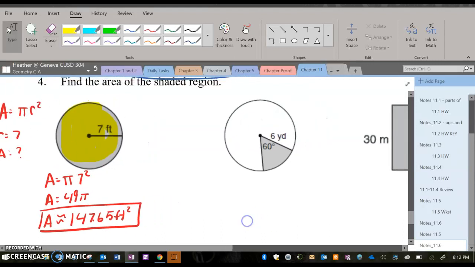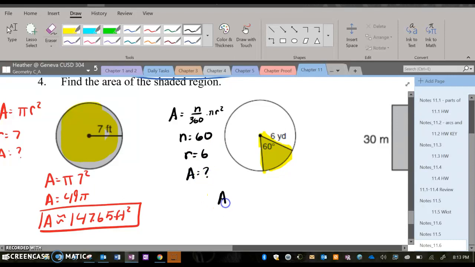All right. This next one here is wanting the area of this little shaded region. And so since this here is not the entire circle, we will be using the formula for a sector. So that we have A equals N all over 360 times pi r squared. The N equals 60, R equals 6, A equals, we don't know.